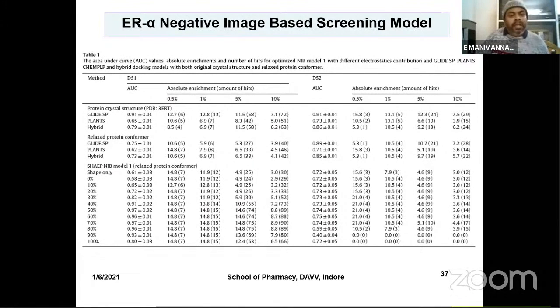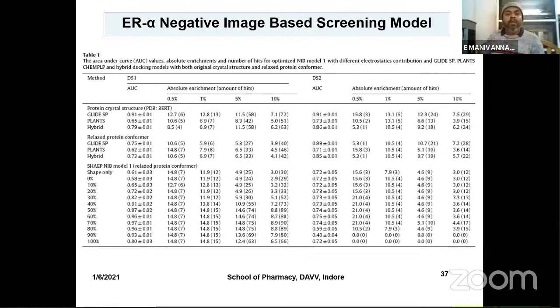Okay, so at 50% it shows 0.97, which is higher than Glide SP. The recognition capacity of the negative image based model is better than the Glide SP program.